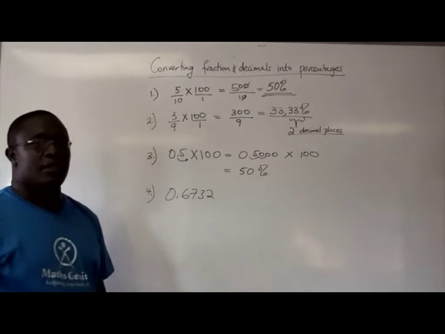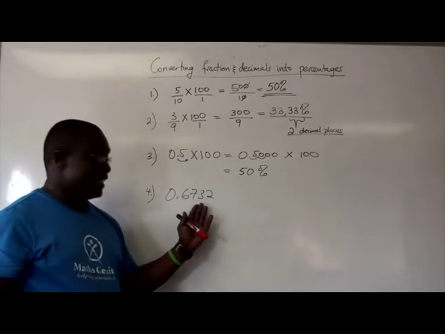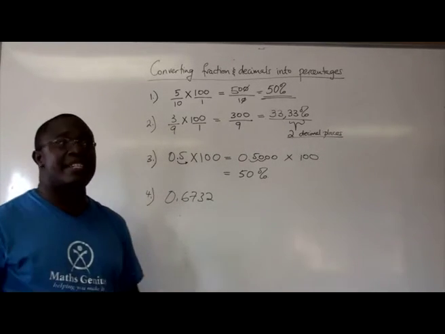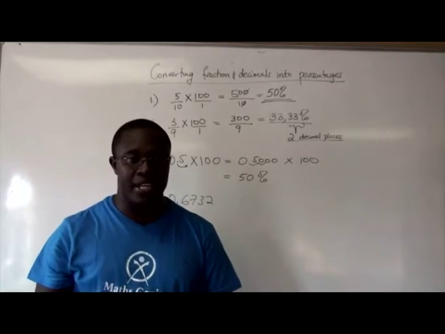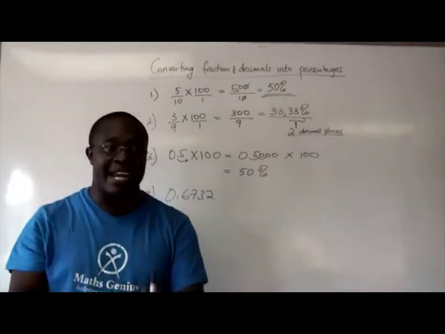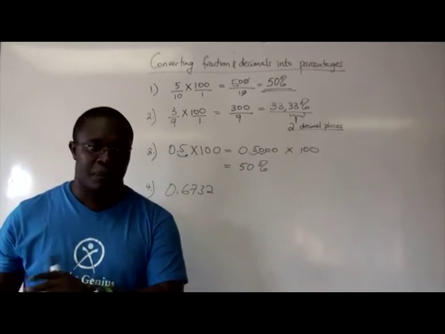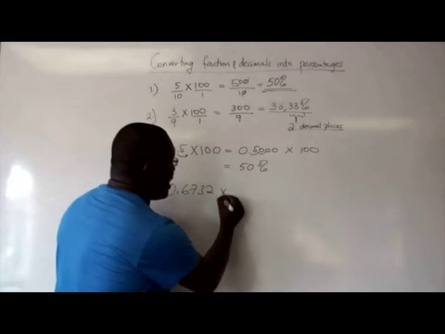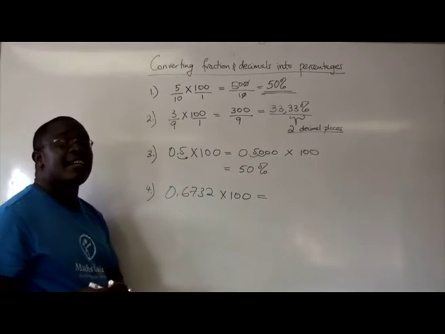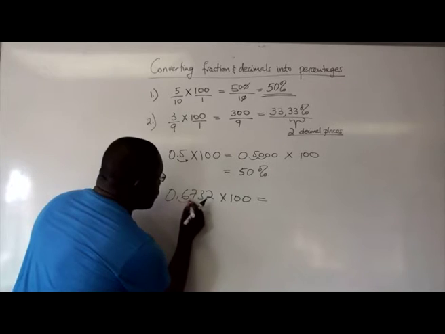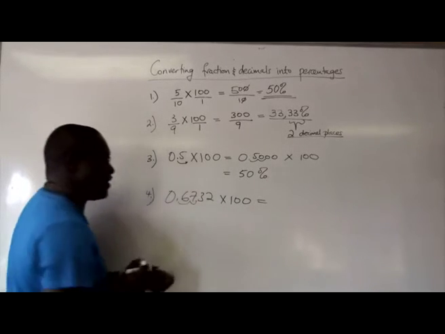0.6732. If you're given this number and you're asked to convert this decimal into a percentage, all you simply do is multiply by 100. And multiplying by 100 means that you are simply moving the comma by 2 positions. You know your comma is going to be there.